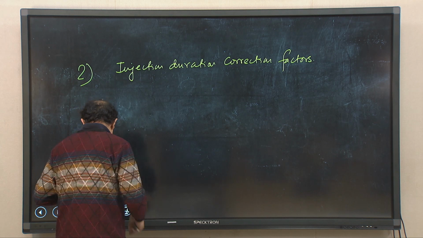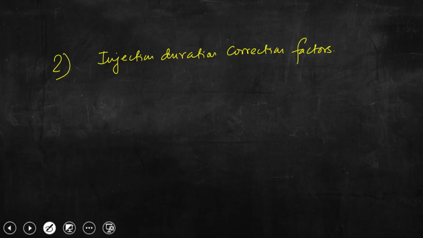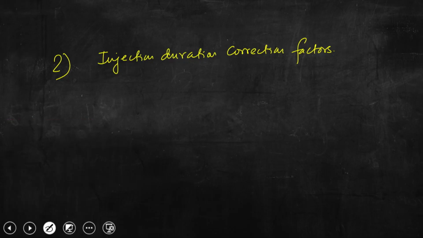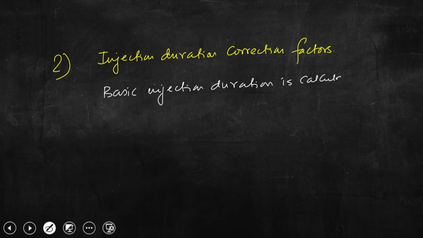So, as I told you, the basic injection duration is calculated using the lookup table that we discussed a few minutes back. So, if I write here, the basic injection duration is calculated by using the lookup table, which is already built in.